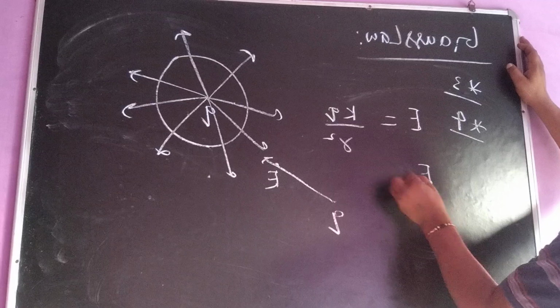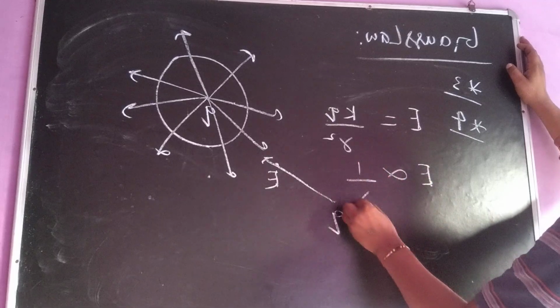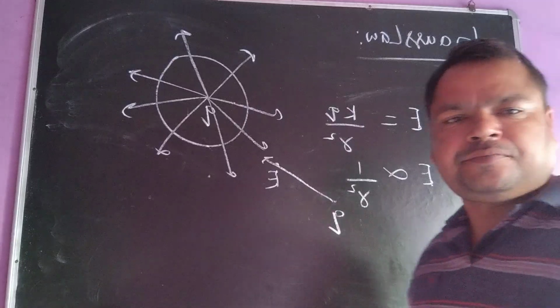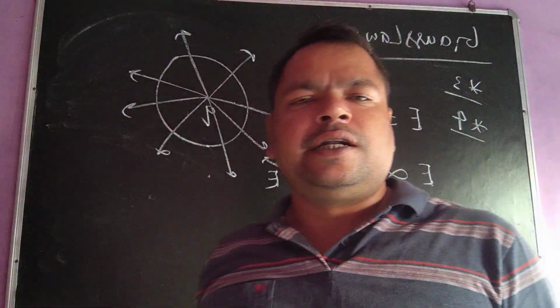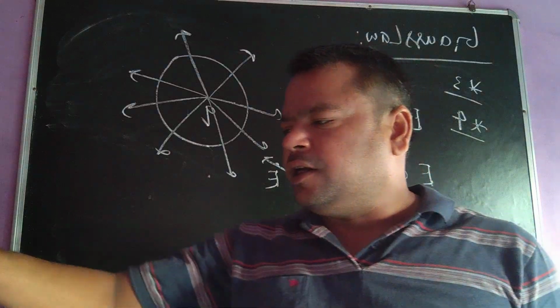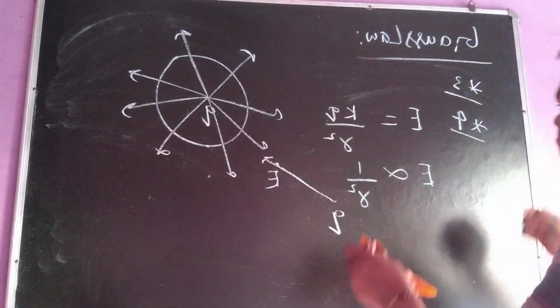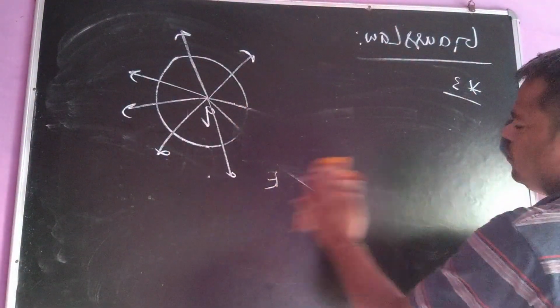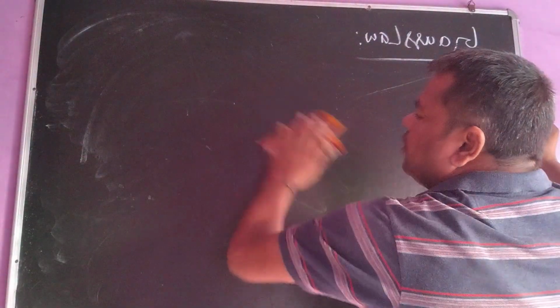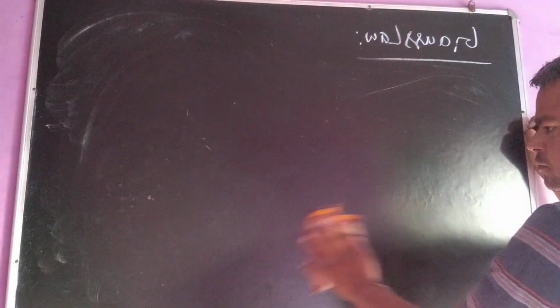It means E is inversely proportional to the square of the distance. So if the electric field obeys the inverse square law, then Gauss law is valid. So these are the 4 points related to the Gauss law.